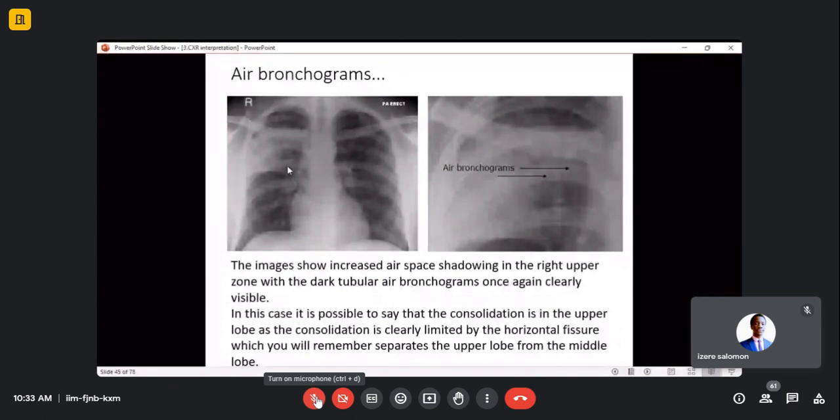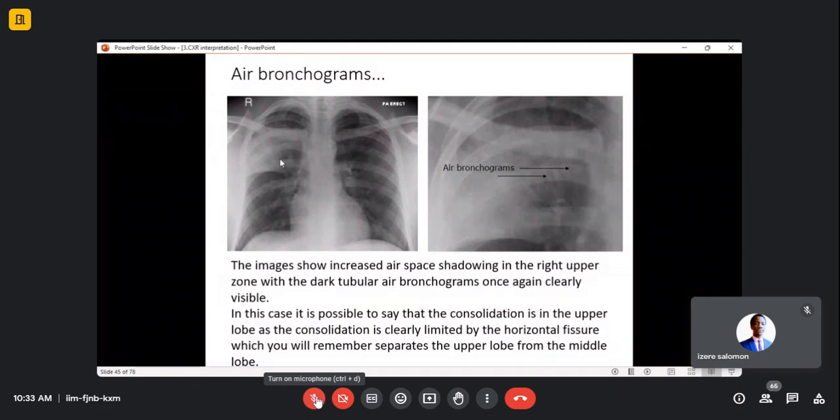That is for sure an airspace opacity, an alveolar opacity with air bronchograms. That's what they want to show, by the way. By magnification, you see these air bronchograms within it. But here also you can see it. You can see the air, the bronchi within it.